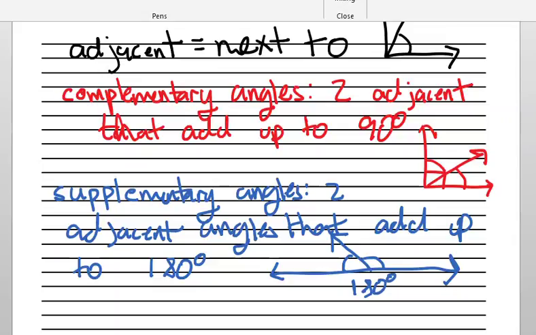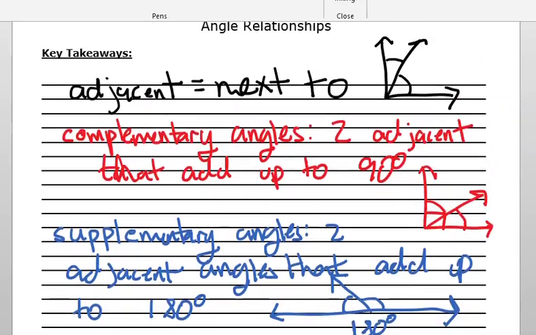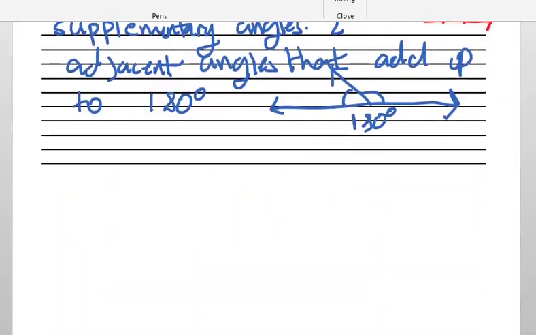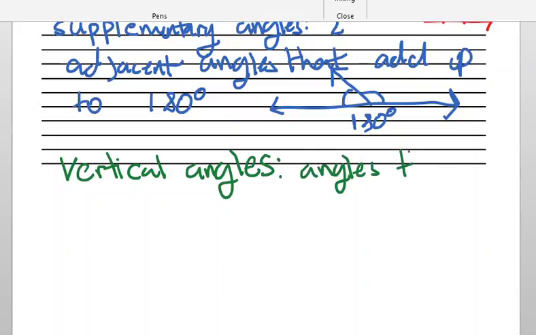And the other really important definition we will have today is vertical angles. So vertical angles are angles that are opposite of each other.